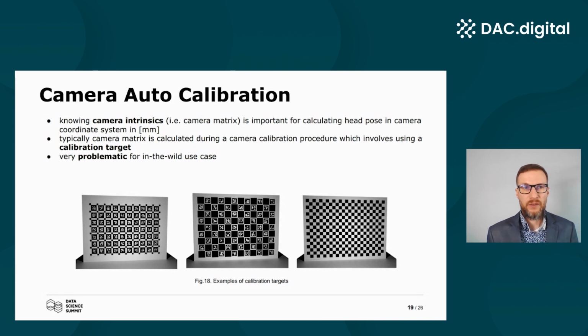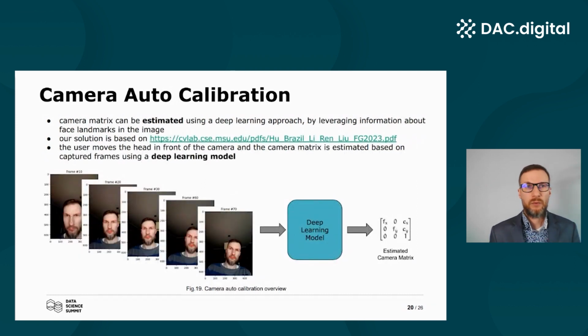The procedure is very accurate when done right, but is very problematic for in the wild use case because we can't simply expect that every user would have this type of calibration target at hand. That's why we came up with a different approach.